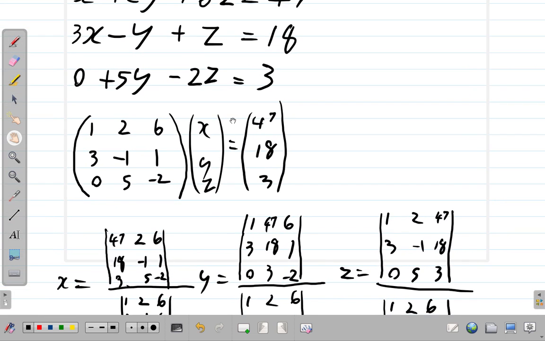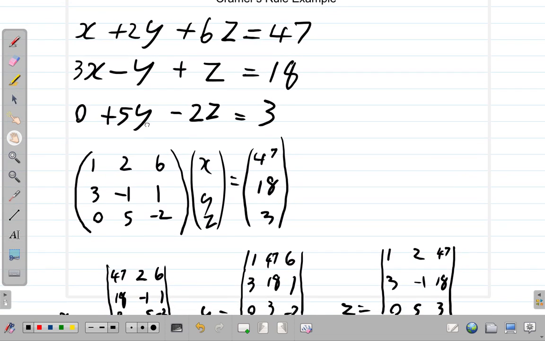So we have our system: 1x plus 2y plus 6z is 47, 3x minus y plus z is 18, 0x plus 5y minus 2z is 3.